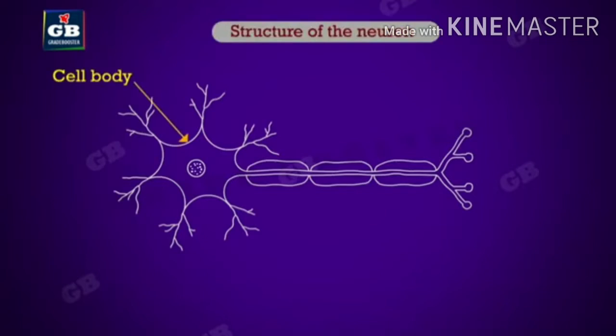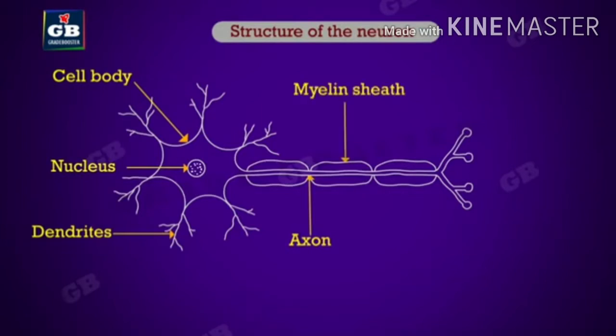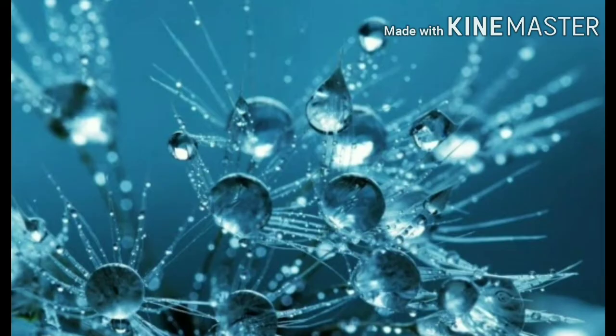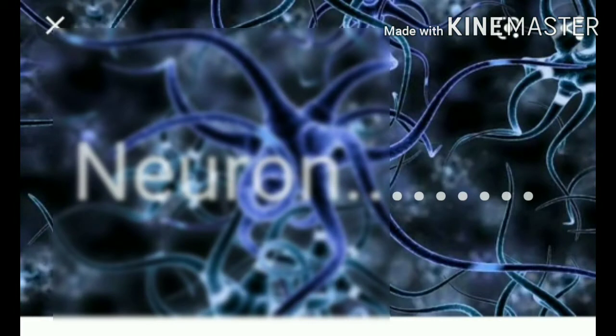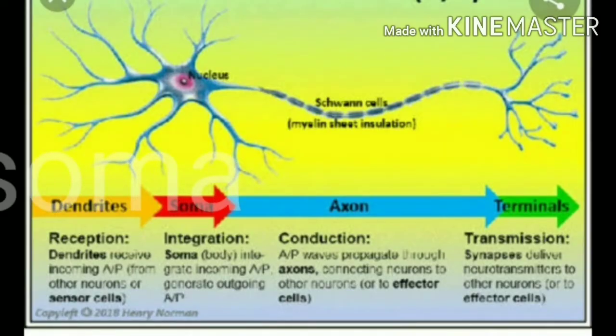Now name the parts of the structure: cell body, nucleus, dendrites, axon, myelin sheath, and the ending. The information transfers from dendrites to the soma, from the soma to the axon, then to the terminals. Dendrites receive incoming nerve impulses from other neurons or sensory cells, which is called reception.